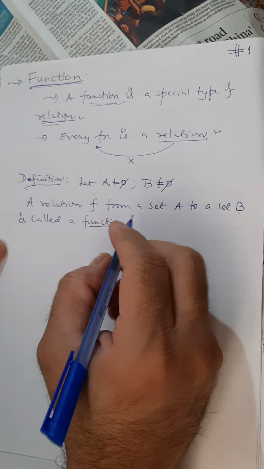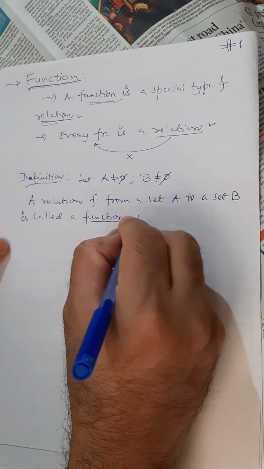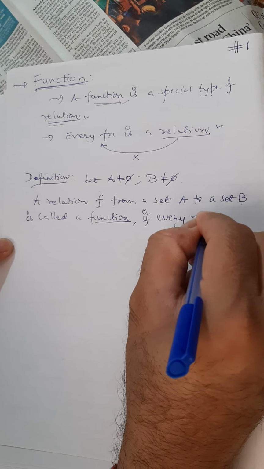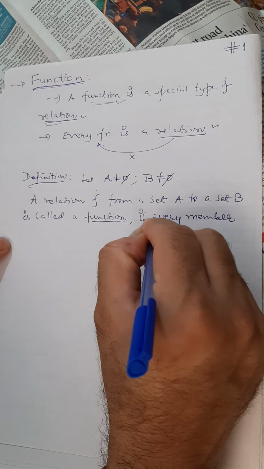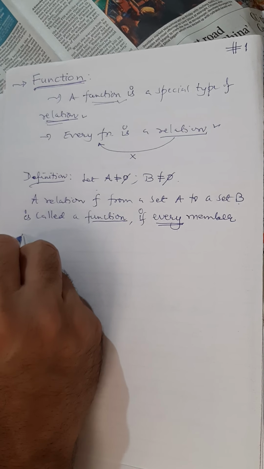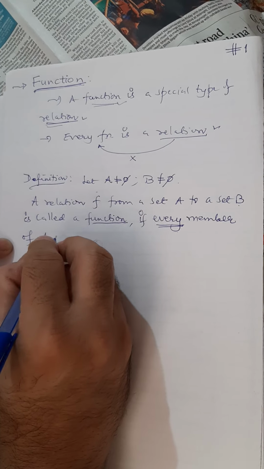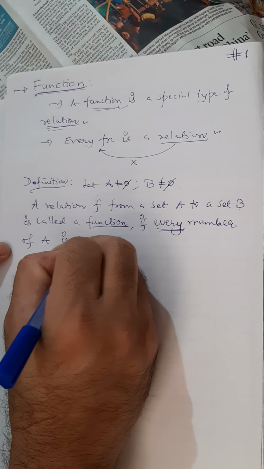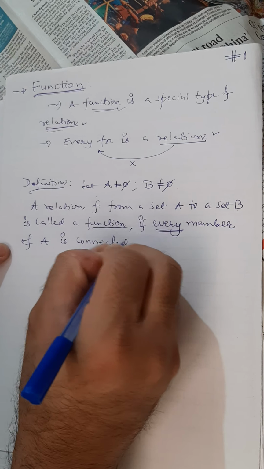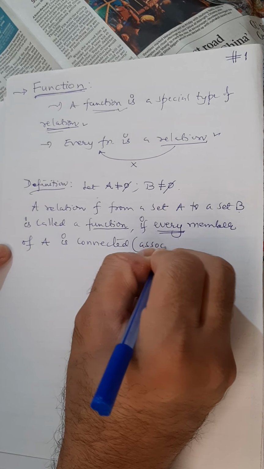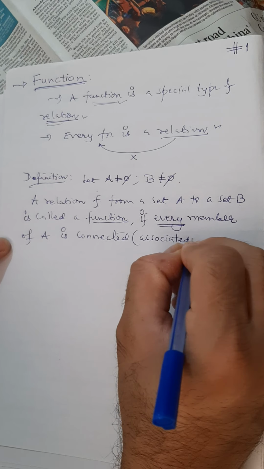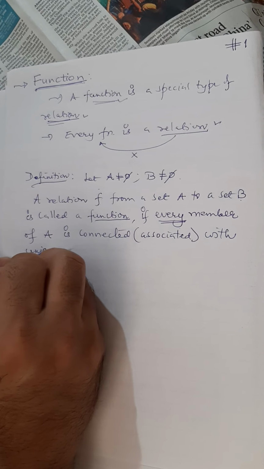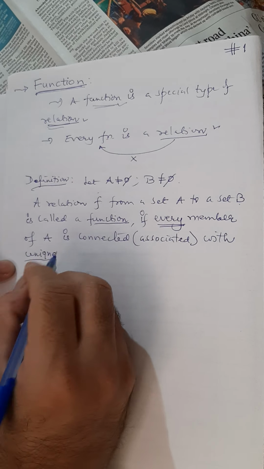It's called a function if every member, so the word every is important, every member of A is connected, or you can say that associated with unique, means exactly one.